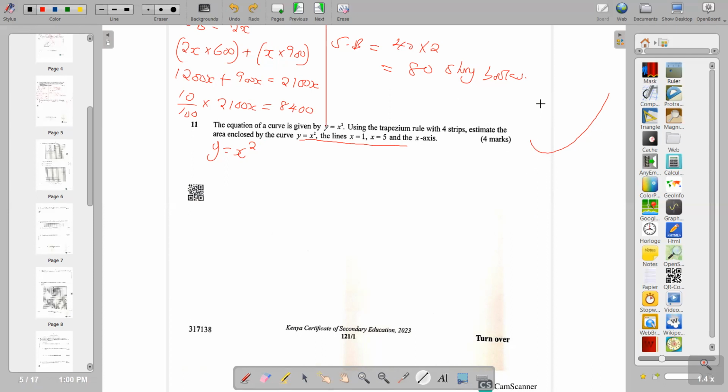We have a Cartesian plane here in black. So that is our Cartesian plane. So you have the curve, this is the curve y is equal to x squared. And then we have x is equal to 1, it is here, up to x is equal to 5.